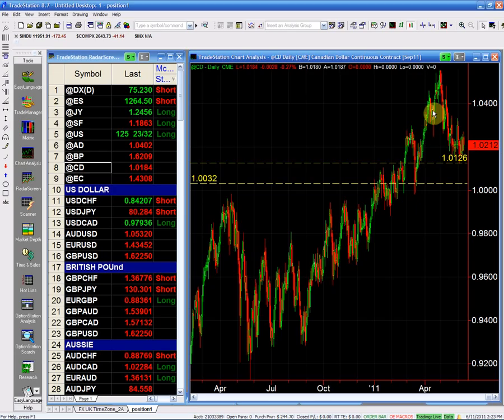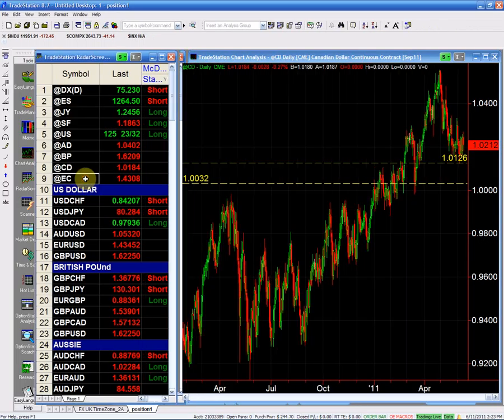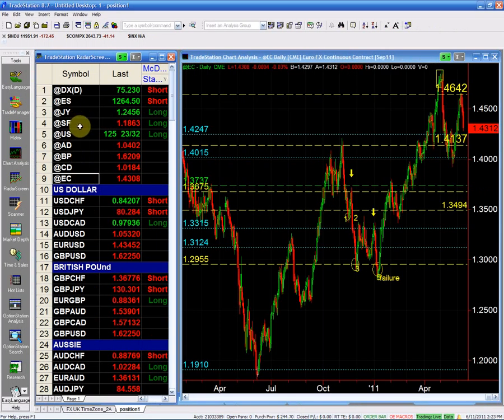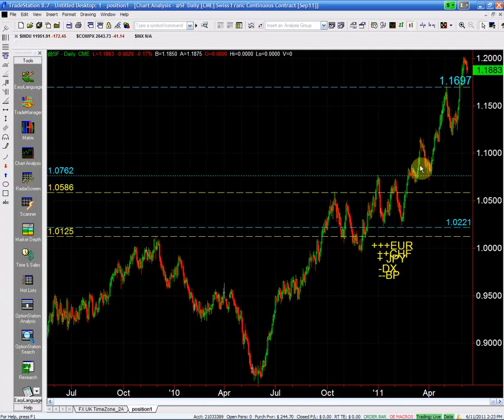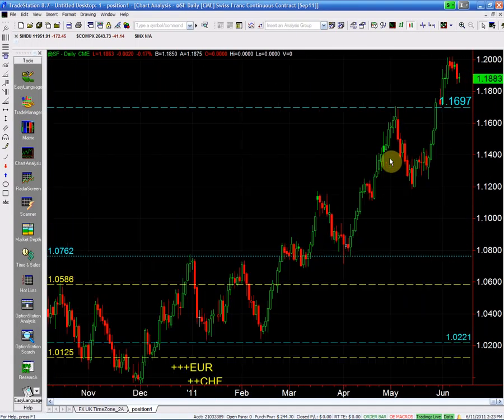Let me do the Swiss franc. As you see, the Swiss franc here is pretty much near an all-time high. This is in a bona fide uptrend. I guess so far it is just the safe haven.